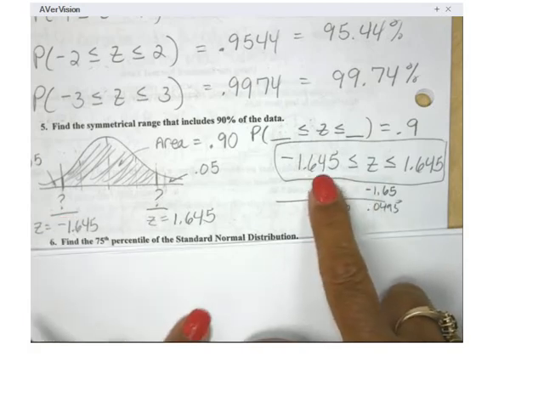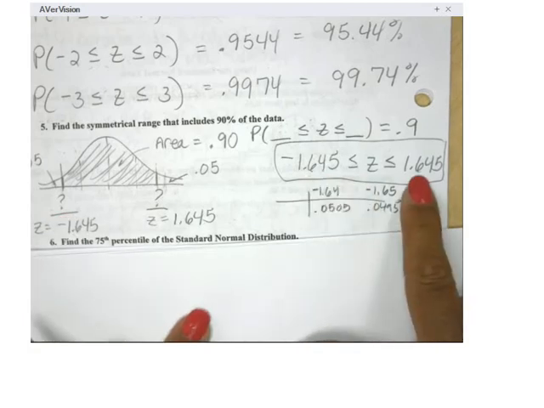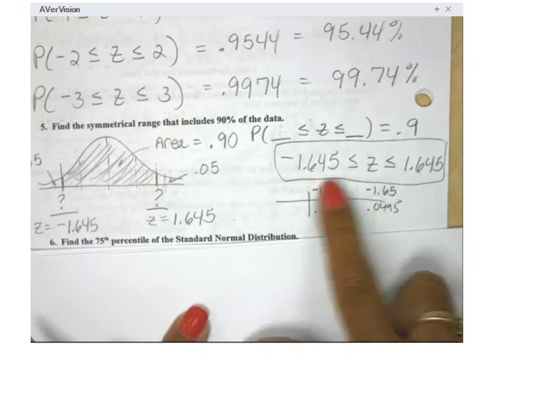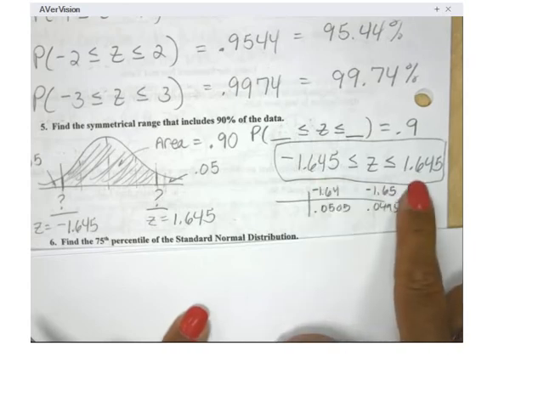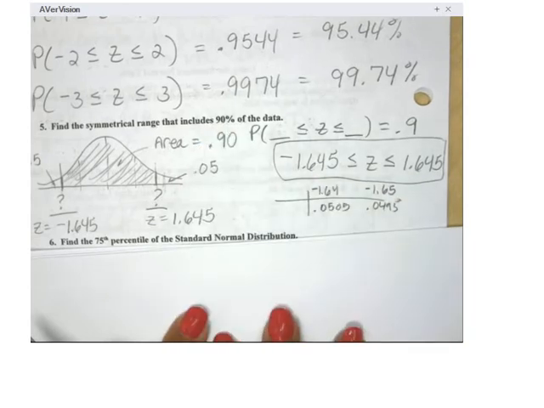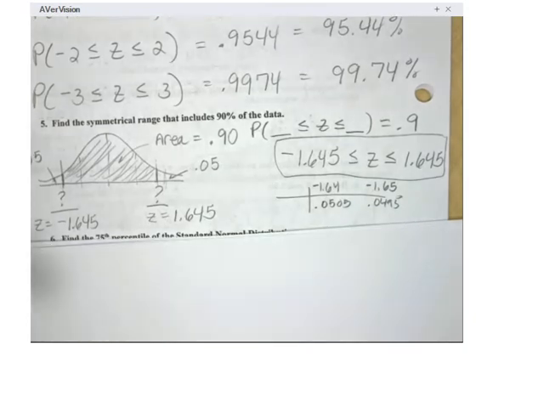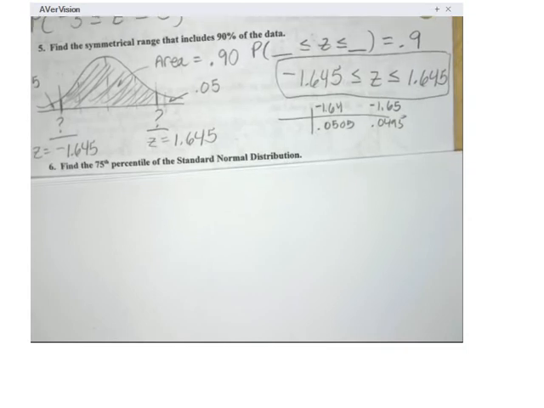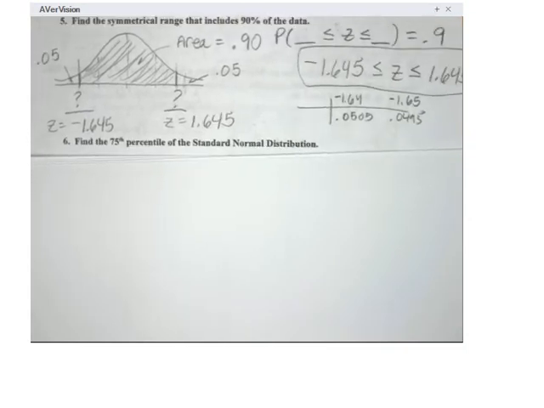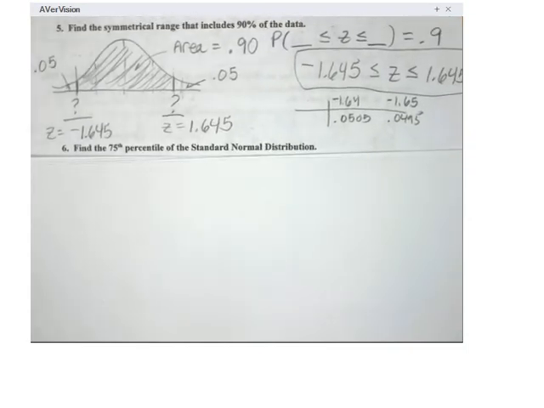We want the 0.05. So we go halfway between these two. And so these two z-scores are negative 1.645 to positive 1.645. So if we go out 1.645 standard deviations, that will include 90% of our data.